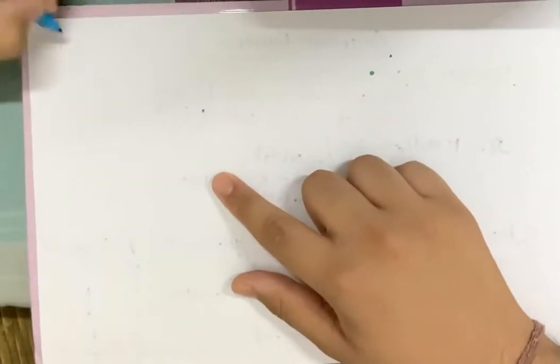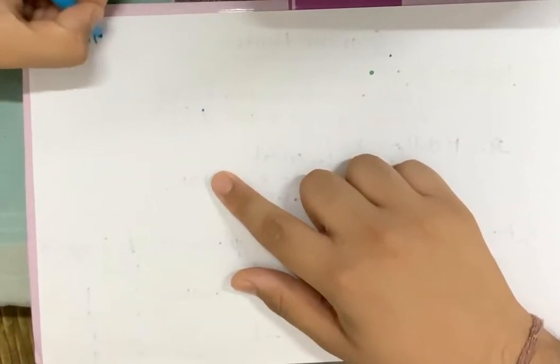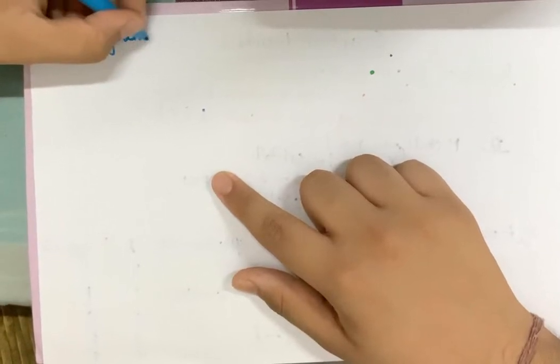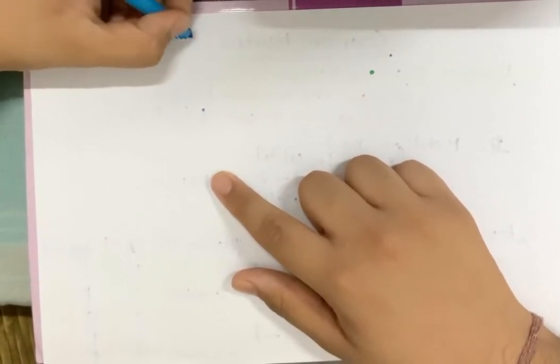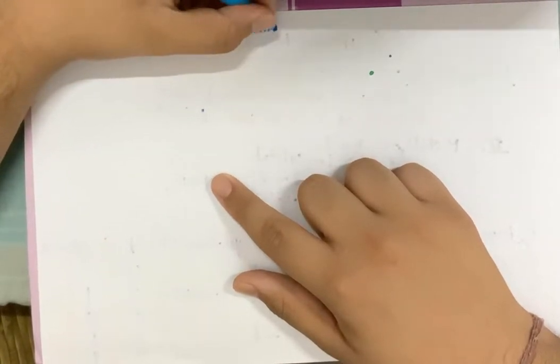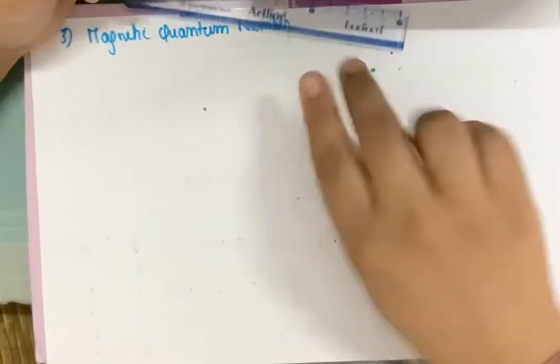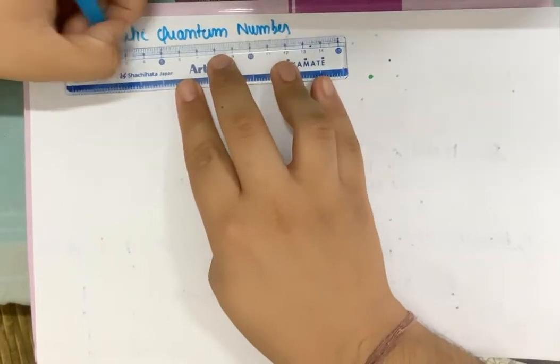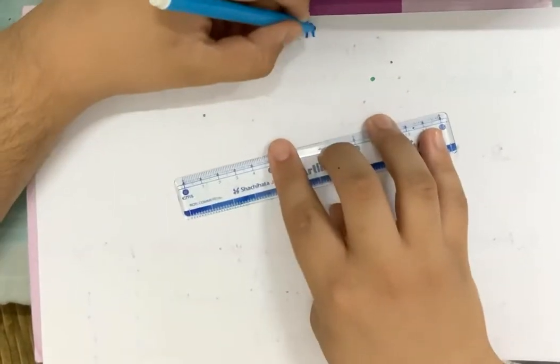So coming on to the magnetic quantum number. This magnetic quantum number is denoted by ml.